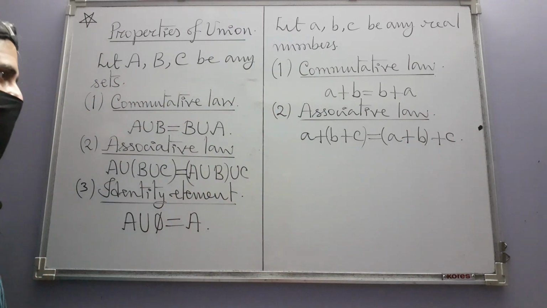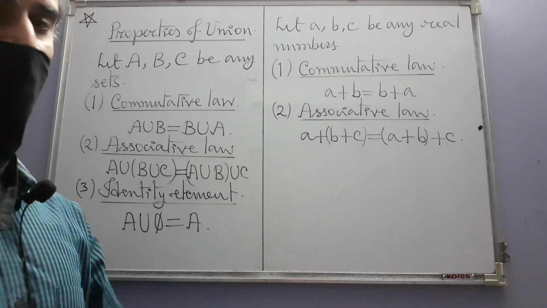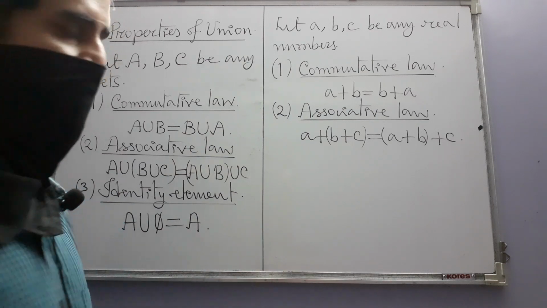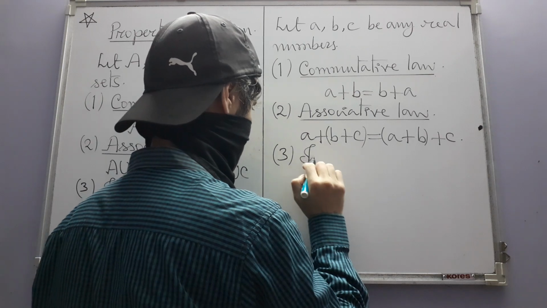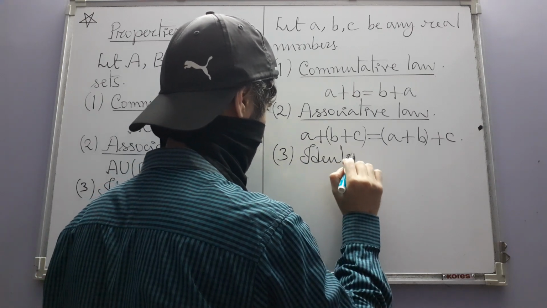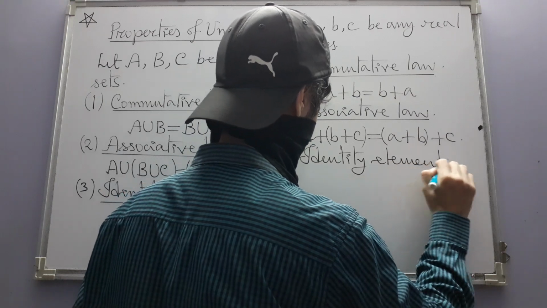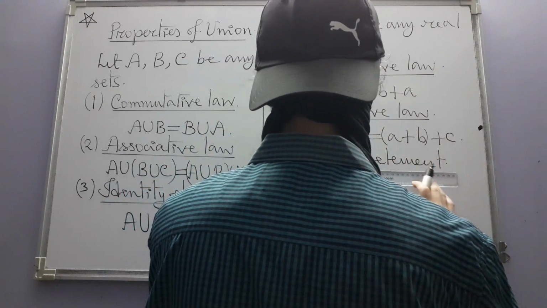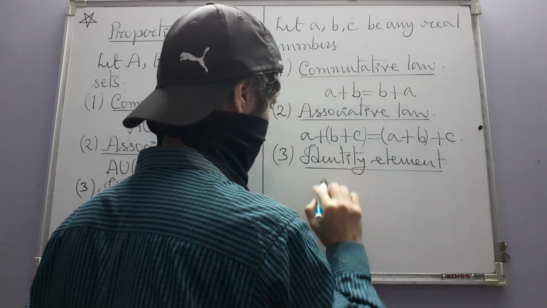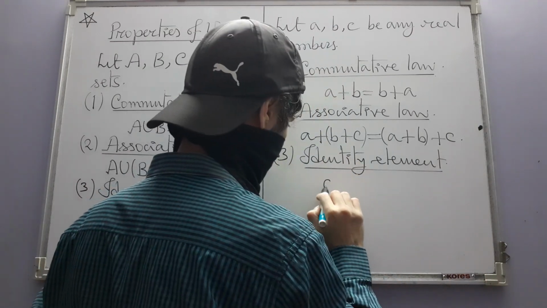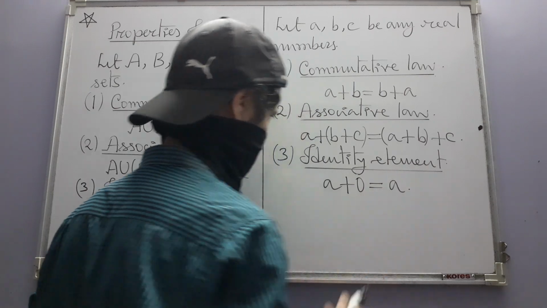How you combine the numbers together, it does not really matter. The end result is the same. Identity element. A plus 0 is equal to A.